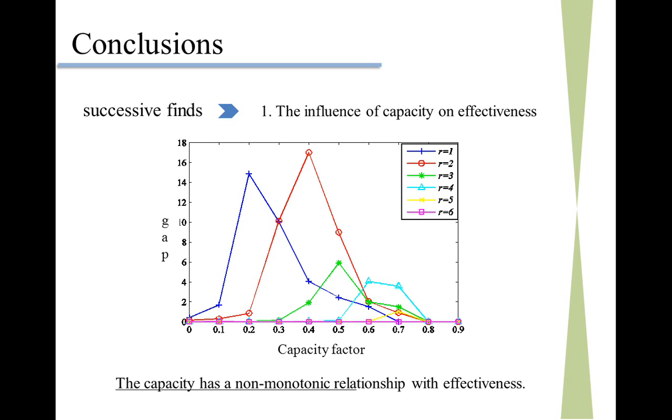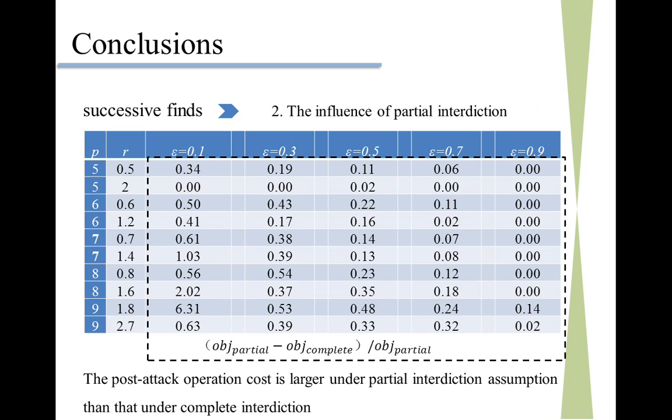We conclude that the capacity has a non-monotonic relationship with effectiveness. Second, we compare partial interdiction and complete interdiction for multi-selling supply systems.